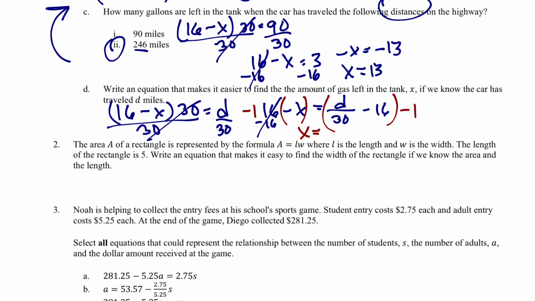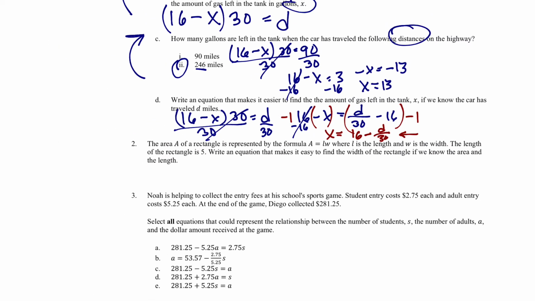If we want to write that a little bit neatly, we can write it as 16 minus D over 30. Or you could write it as negative D over 30 plus 16, but it just looks a little bit nicer when we have our positive first and we're subtracting from the 16, which would also make sense because we're subtracting from the number of gallons originally.